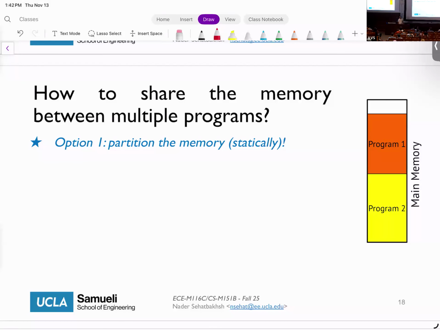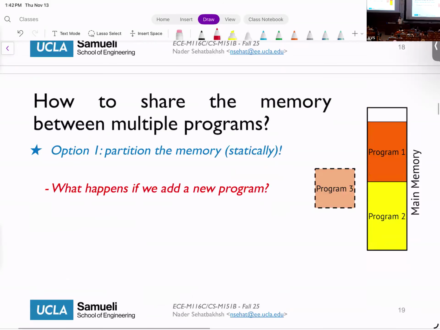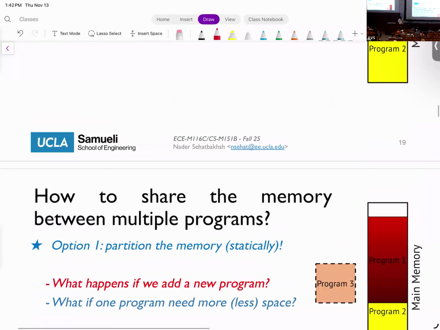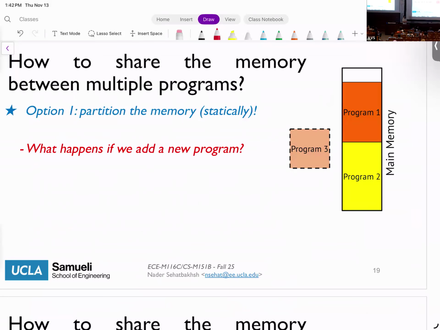So that's one option of doing things. But of course, the question becomes, what should we do when a new program comes, right? When the new program comes, you need to somehow move things around, right? So you need to kind of make up space. You need to remove some space and so on and so forth.